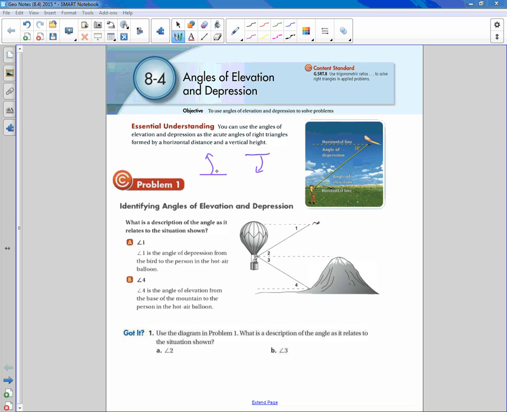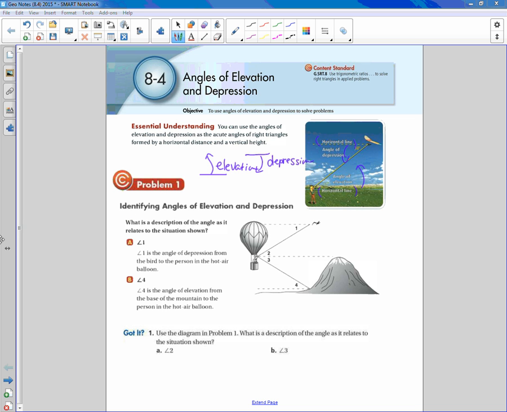Really, whether it's an angle of elevation or an angle of depression depends on where you start, okay? And that's going to be this horizontal line that we're going to talk about. Where is the horizontal line from which we are starting? And that will tell us whether we're elevating here or whether we're up and we're actually moving down.